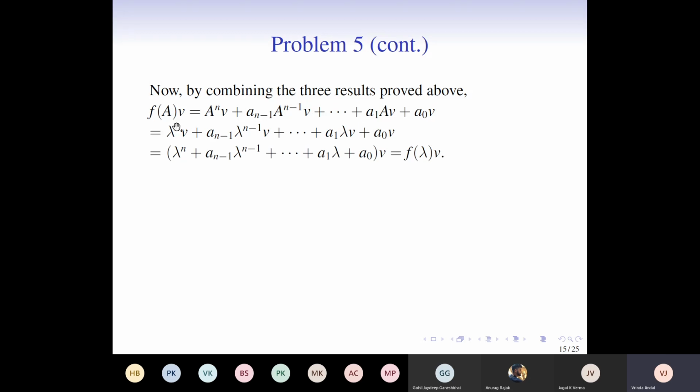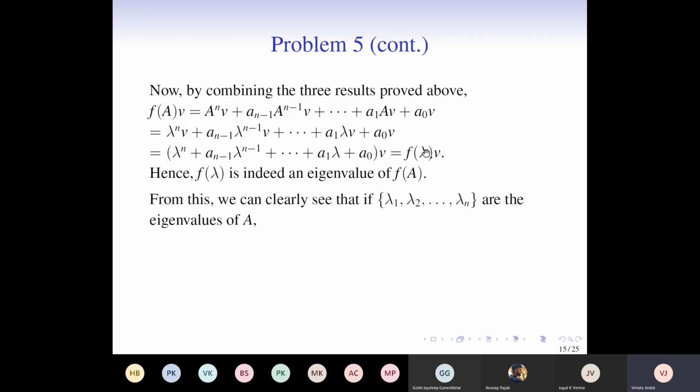So this is nothing but f of lambda times v. You just take v out common, and what you will find is that f of lambda remains. So what we have proved is f of A times v is equal to f of lambda times v. So f of lambda is the eigenvalue for f of A corresponding to v.